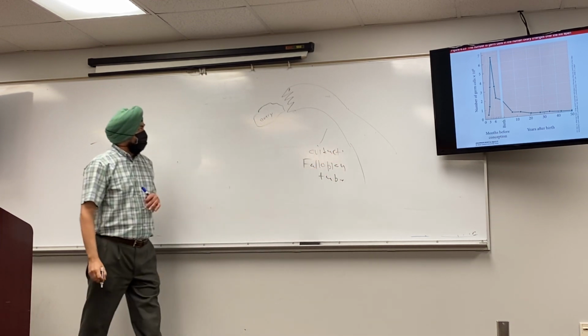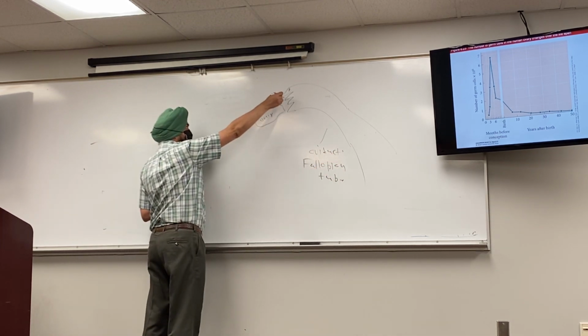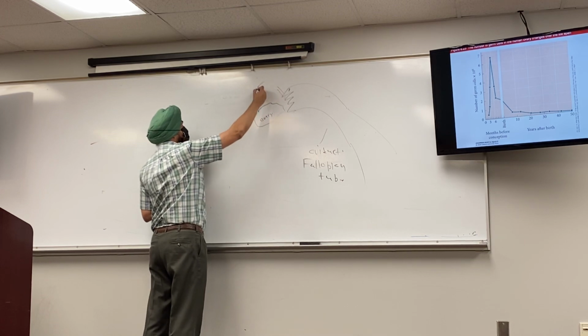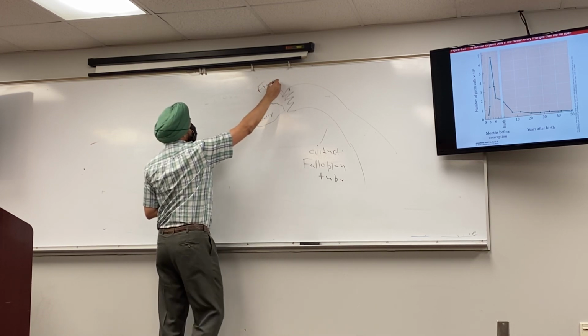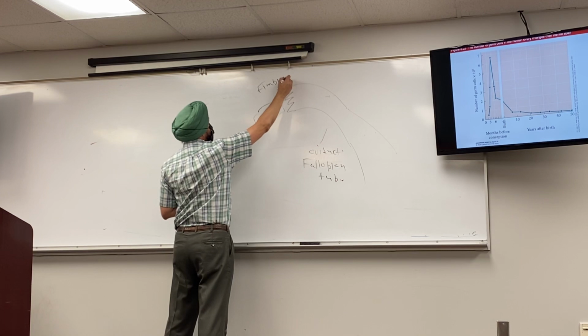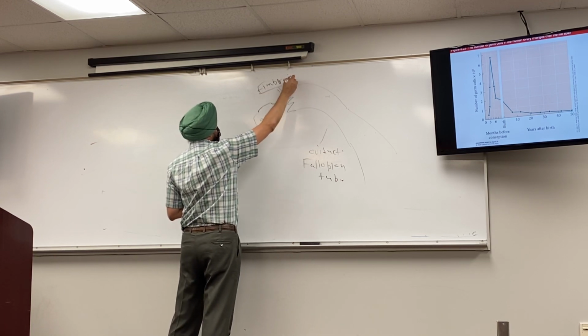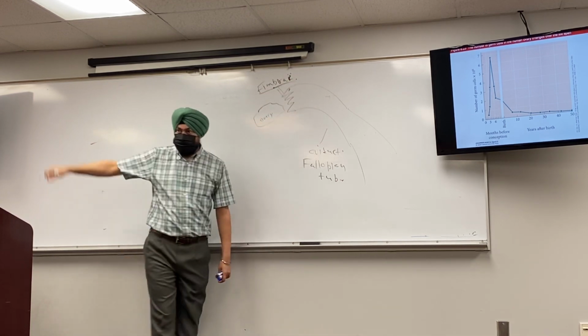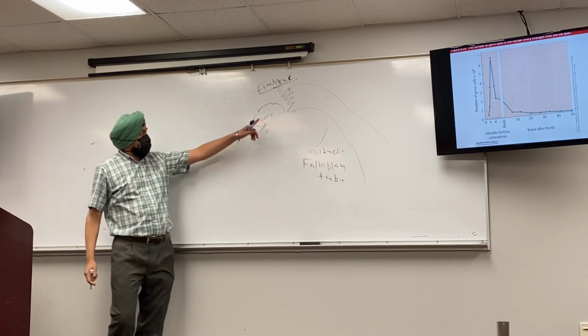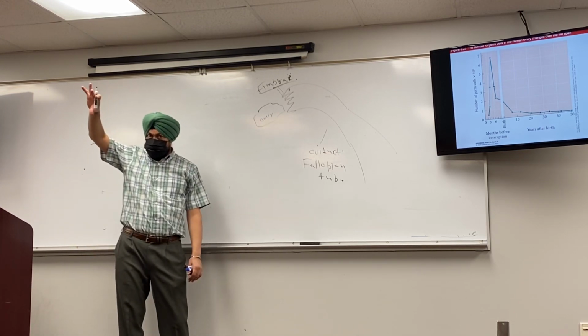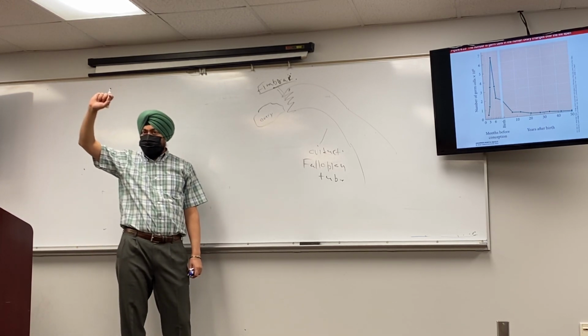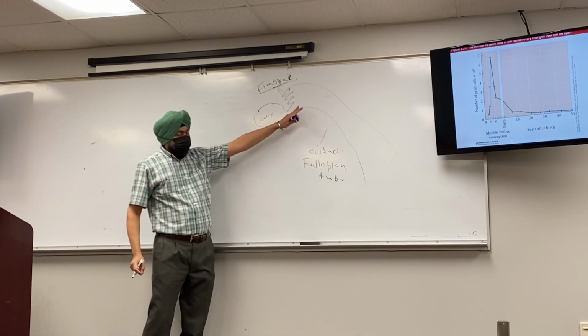So these finger-like projections are called fimbriae. I'm not exactly sure about the spelling, but fimbriae. So in ovulation, what is going to happen?